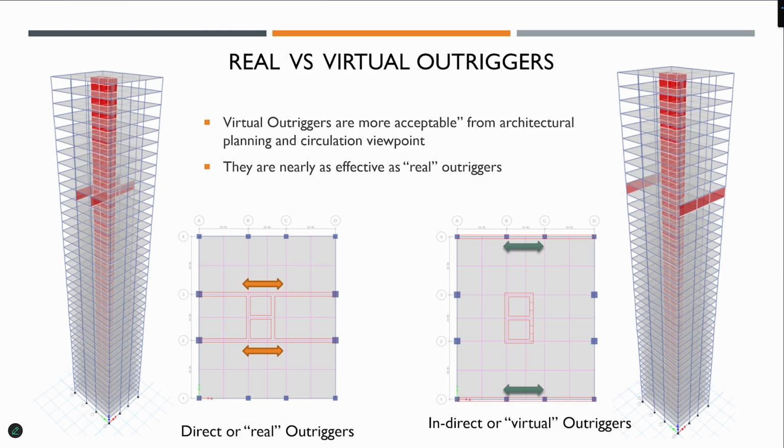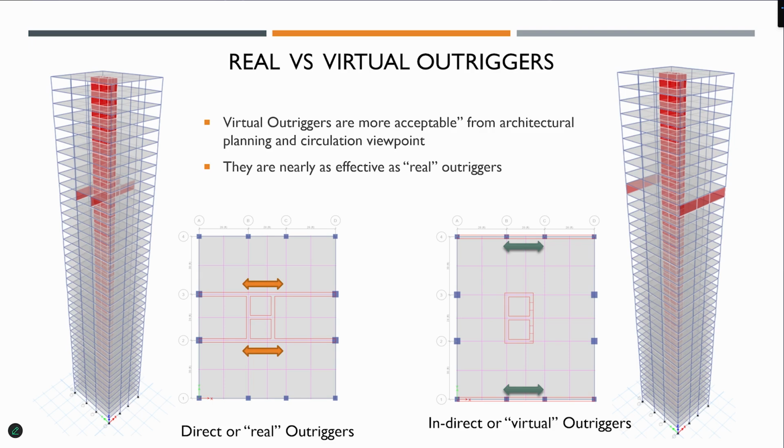They're still there, but not at the location where we normally put them to connect the wall and the column, like I showed you earlier. They are now moved to the boundary of the building, and now they're called virtual outriggers. They're virtual because they are not present inside. They are somewhere, and you may or may not see them, depending upon what it is. But basically, the room is clear now.